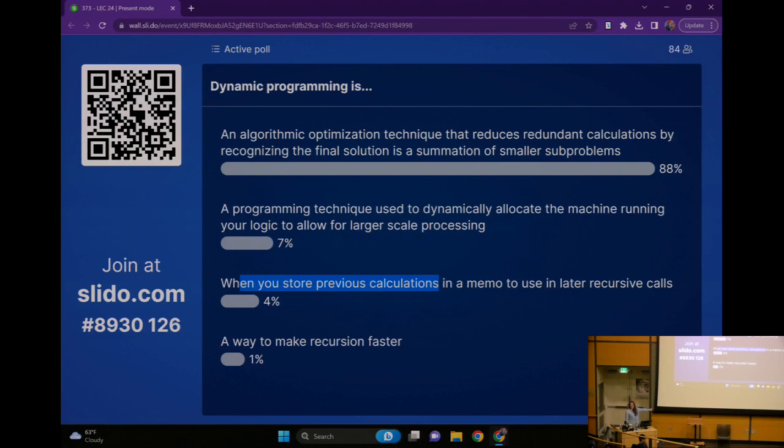And this is a correct description of memoization, where as you calculate something, before you go calculate a new thing, you check, have I already calculated that thing, i.e. does it already exist in my memo? If it doesn't, go calculate it and store it in my memo. That is one of the approaches for how we can reduce redundant calculations.